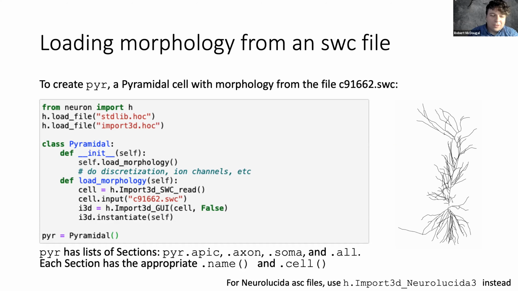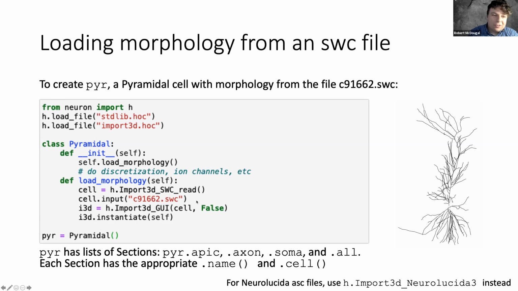And this is one of those great things about dir, right? If you've loaded the import 3D library, h.load_file import3d.hoc, you can just do a dir of h, and see all of the things that start out with import 3D, and that'll give you your list basically.